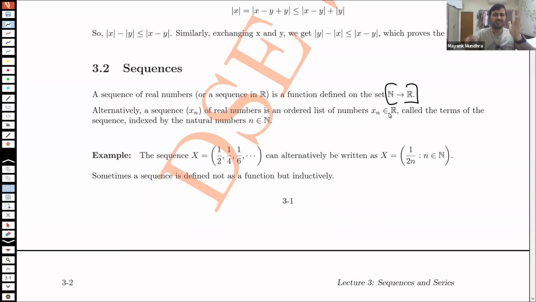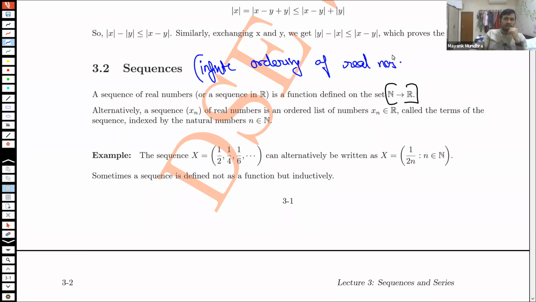In simple words, a sequence is an infinite ordering of real numbers. Okay, so that's a real sequence.